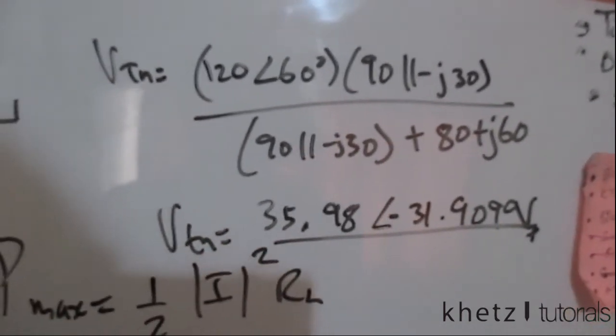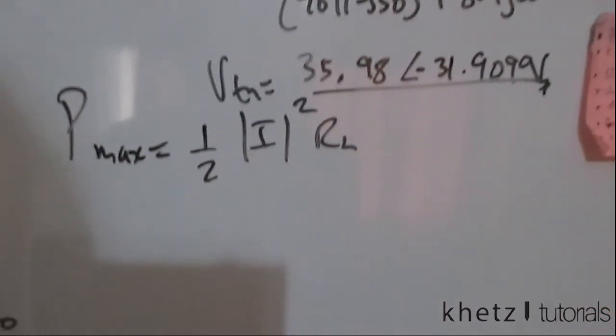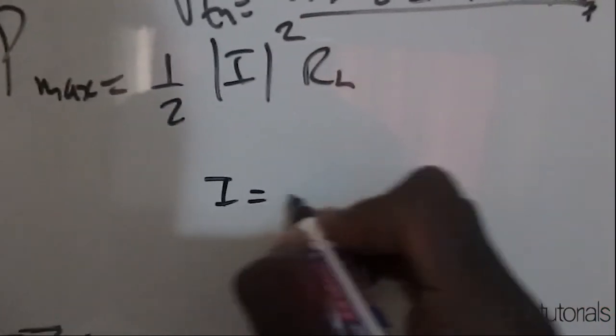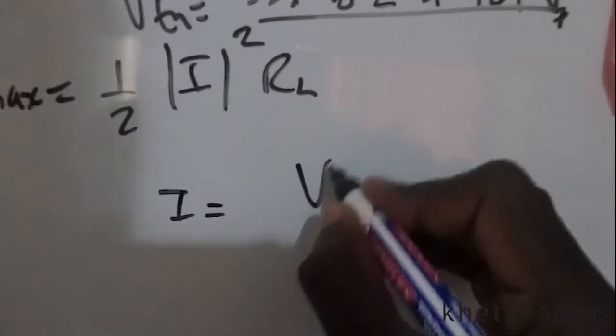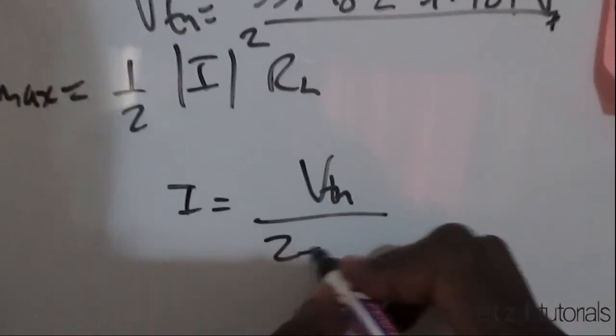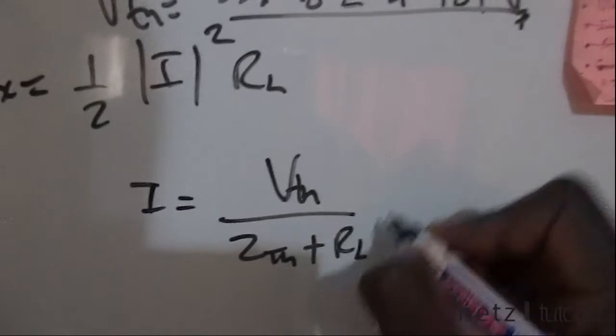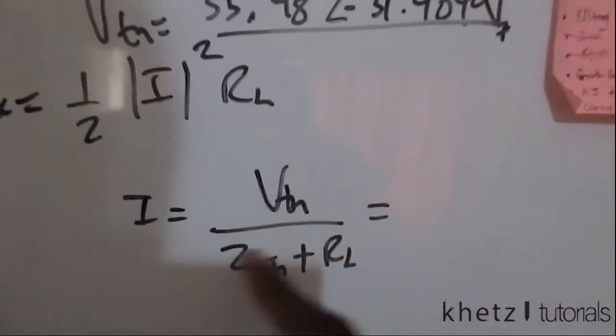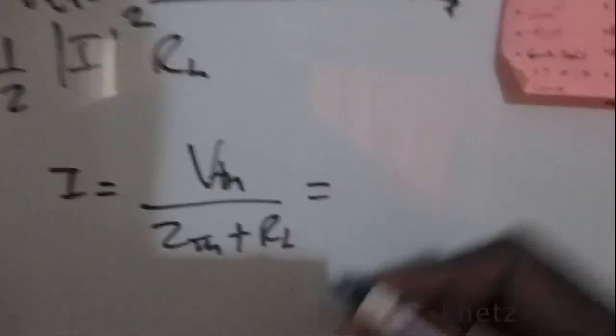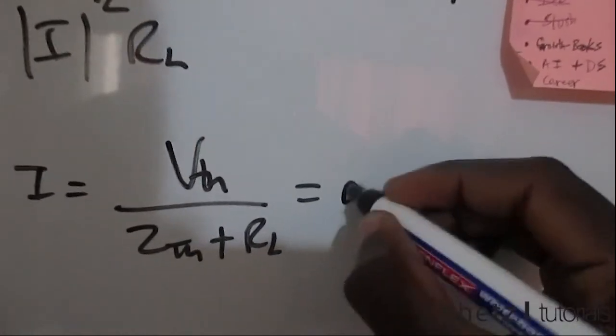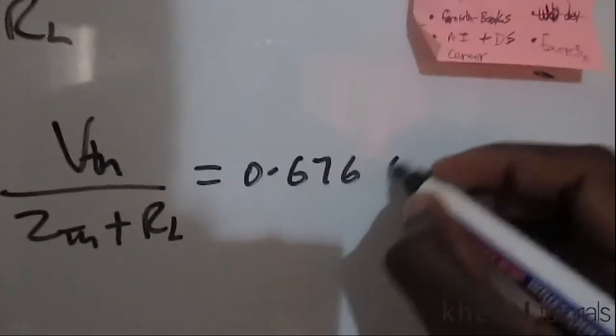Now that we have our VTH, we can proceed to find I, the current across the load. We find that using this formula, which is VTH divided by ZTH plus RL. So you can just substitute all the values, and the value you're going to find for the current across the load is this.